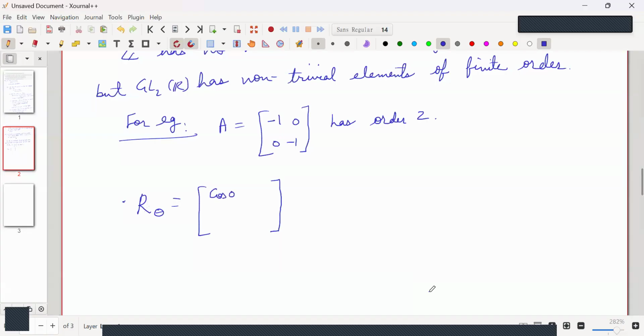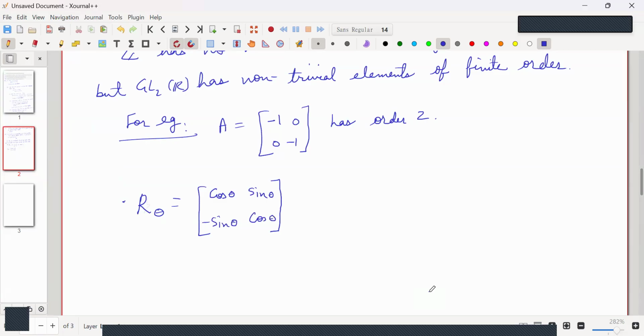Let me just see the rotation matrix. I think it is cos theta, sine theta, minus sine theta, cos theta.